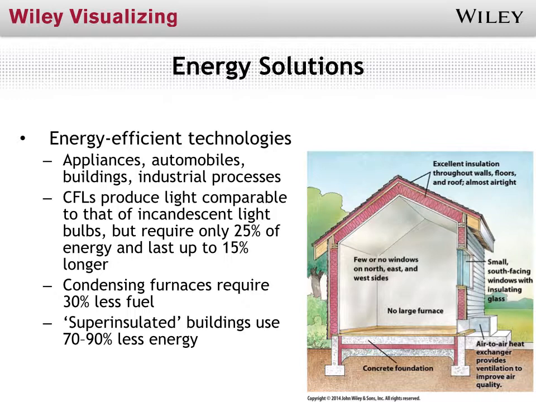So again, just an example here, this image, having a very thick concrete foundation, few to no windows on most of the building other than the south side, having a smaller, more efficient furnace or air conditioning, or even using the air-to-air heat exchanger that provides ventilation and better air quality inside your home, filtering out all the nasty things that can be in our home.